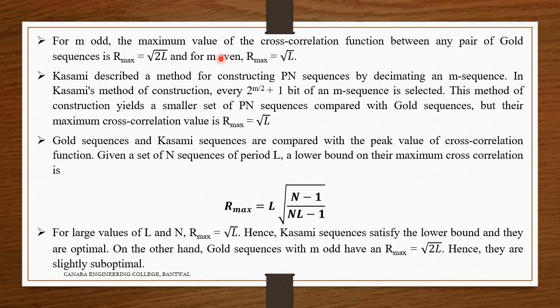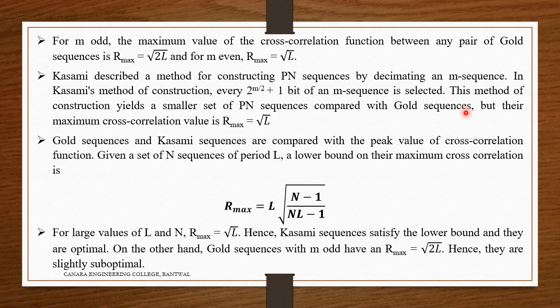Now Kasami described a method for constructing PN sequences by decimating an M sequence. Decimating means we are removing some of the sequence. In Kasami's method of construction, every 2 to the power of m by 2 plus 1 bit of an M sequence is selected. This method of construction yields a smaller set of PN sequences compared with the Gold sequences.